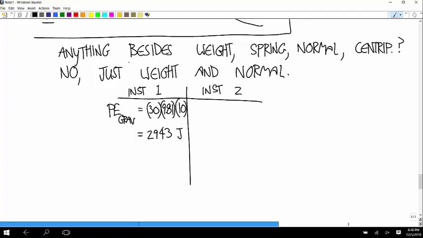Then the kinetic energy at instant 1 is 1/2 times the mass times the speed squared. What's the speed squared at the top of the hill? 0, yep. So there's no kinetic energy.